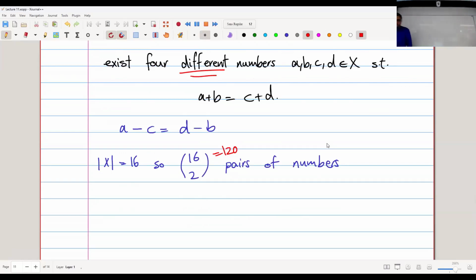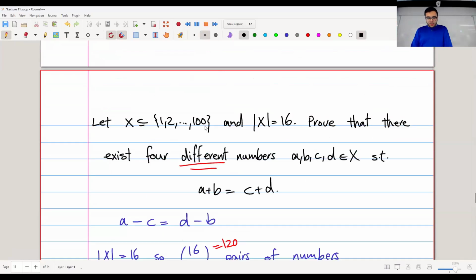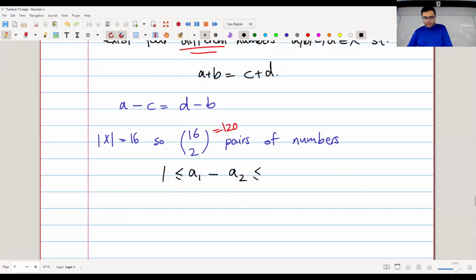If I take a pair of numbers, let's say I take A1 and A2, and I look at their difference. What is this range? And let's say that I always pick A1 to be bigger than A2, so I want to always keep it positive. So it's at least 1, but what is this number at most? 100 minus 1, which is 99. Okay.